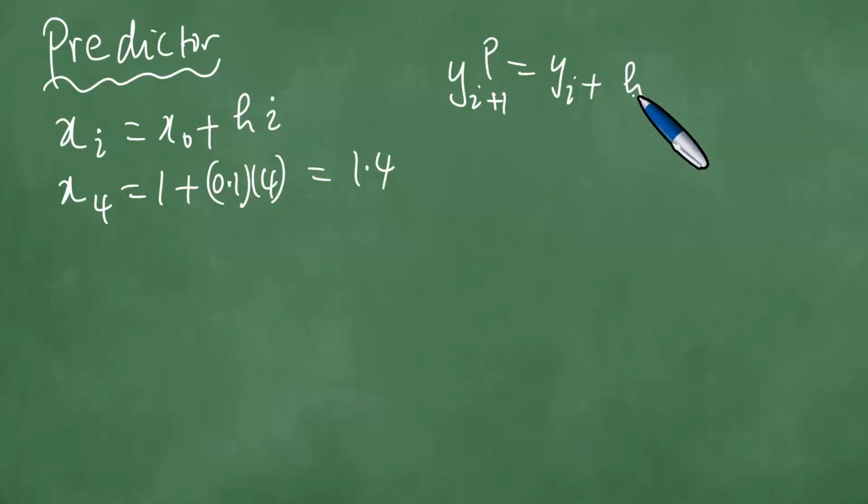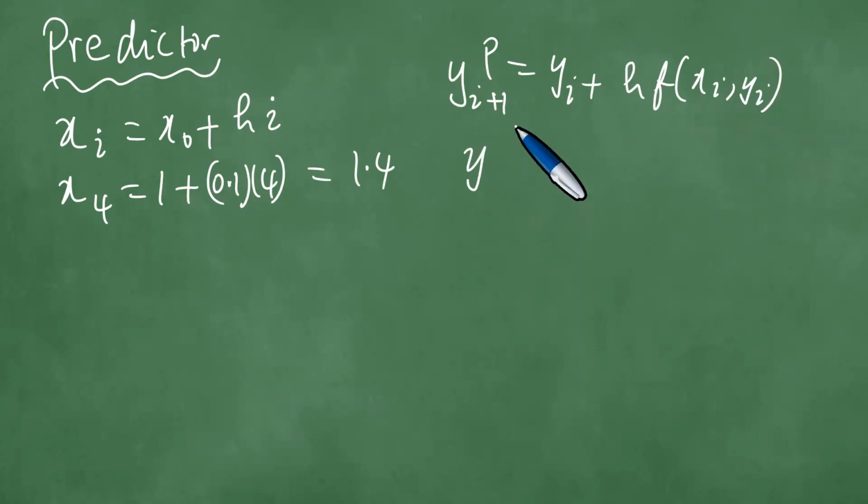So you have h f of xi yi. What is the next thing that you're going to get? We want to get y4, because you got y3.